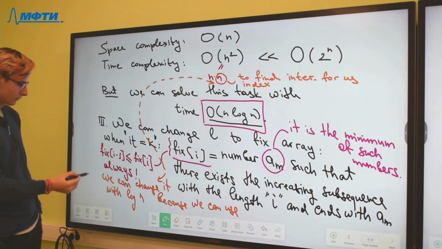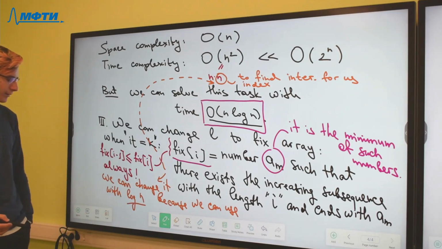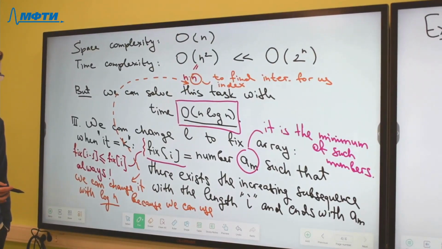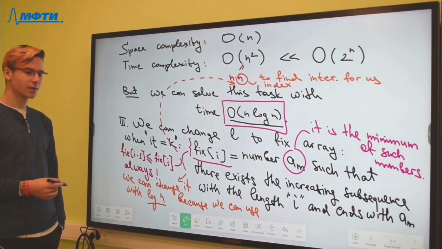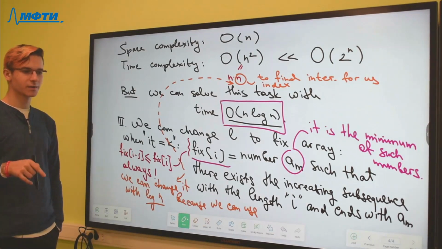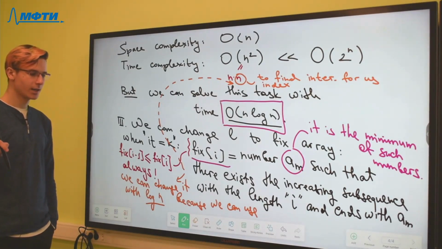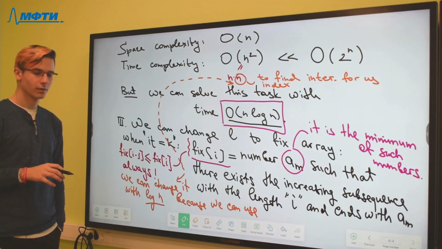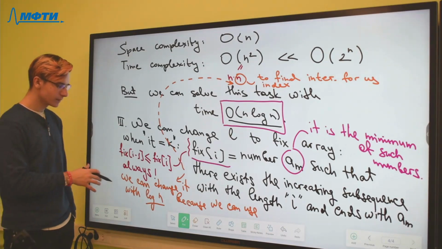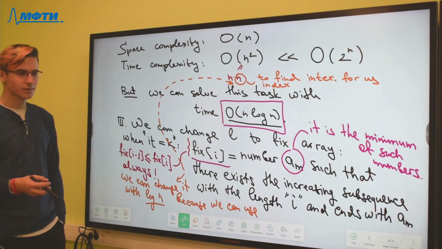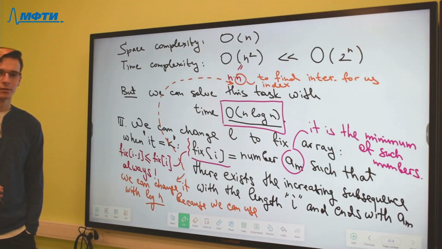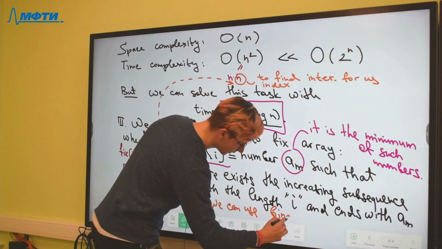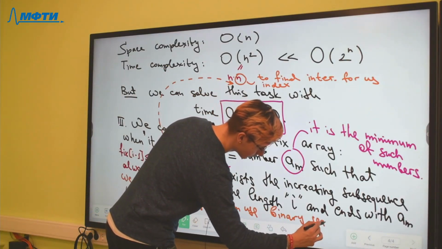For example, if we have an array that has length equal to n, and it is sorted, and we need to find some number in this array. Binary search, yeah.